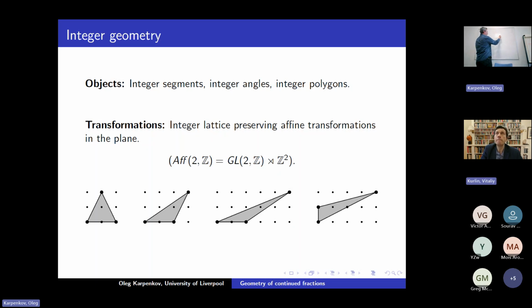This is 1, 0, and this is minus 1, 0. Here it will be the same: this is 1, 0, this is 0, 0, this is 0, 1, and twice this vector will be 0, 2.